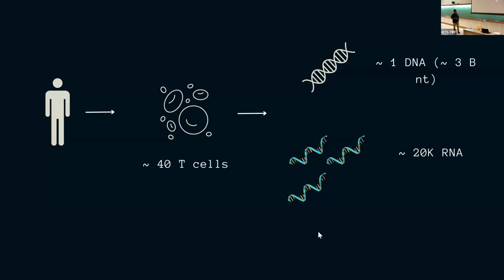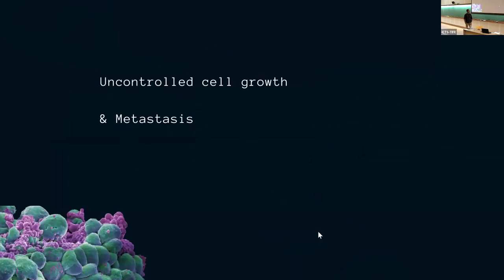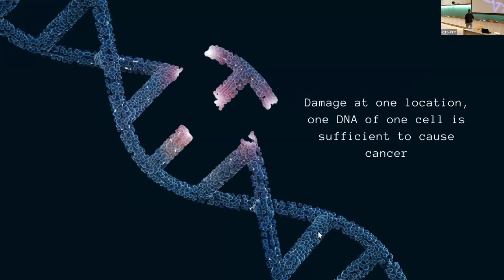As we know, the human body has about 40 trillion cells, and each cell has one copy of DNA and several RNA molecules floating around, about 20,000 different RNA molecules, right? And you can really be unlucky to get a mutation at one particular base, and that's good enough to make you sick enough to die.